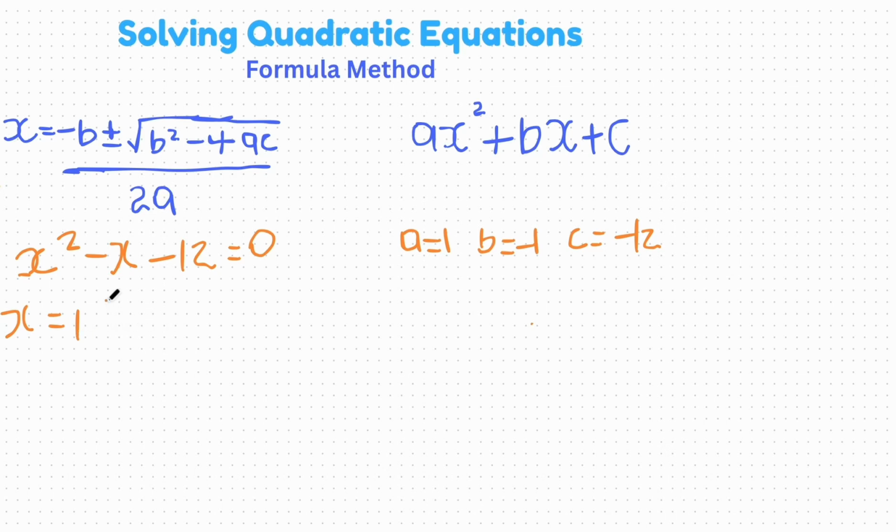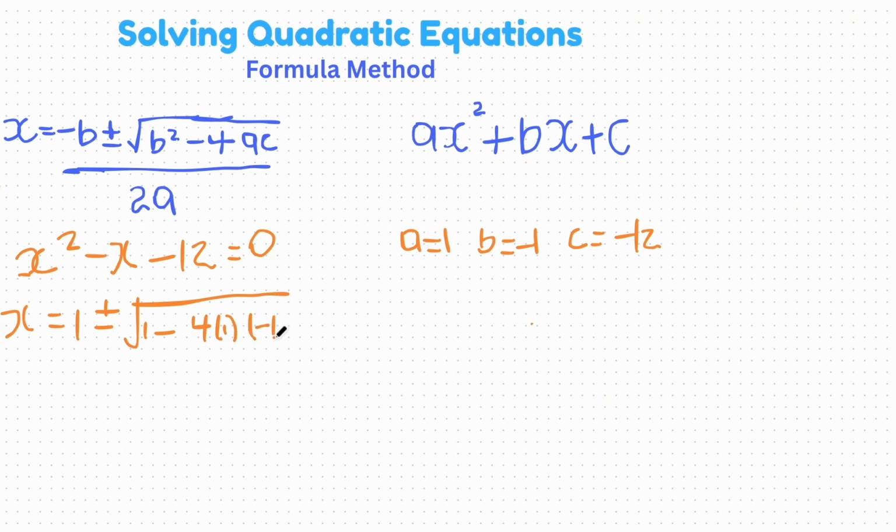So negative b plus or minus the square root of b squared. Negative 1 squared would be 1. So we're just going to put 1 minus 4 times a is 1 times c, which would be what?